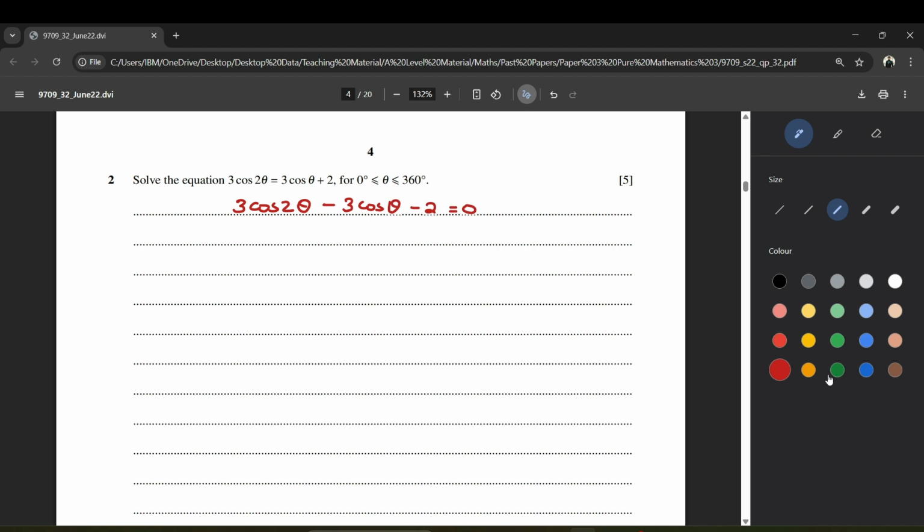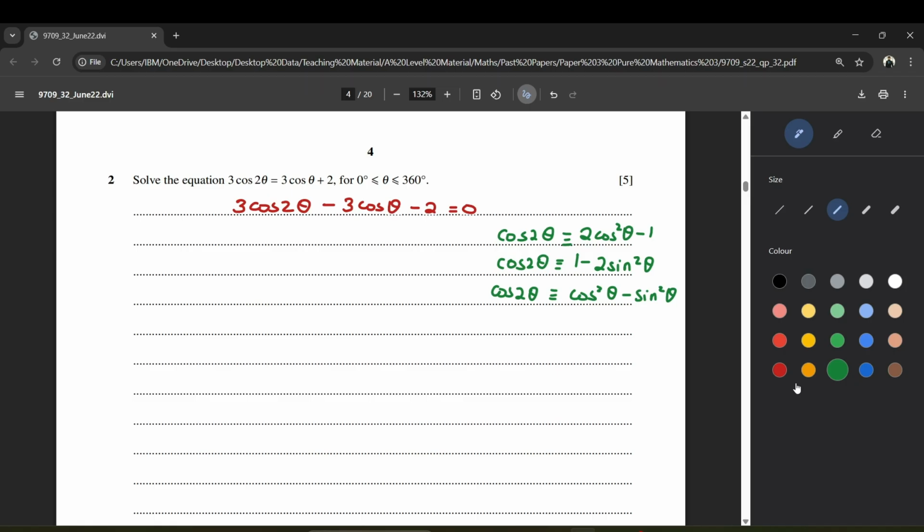Okay, now we know that there are 3 different forms of this double angle formula. So we know that cos 2 theta is equal to 2 cos squared theta minus 1. We know that cos 2 theta is equal to 1 minus 2 sine squared theta, and we also know that cos 2 theta is equal to cos squared theta minus sine squared theta.